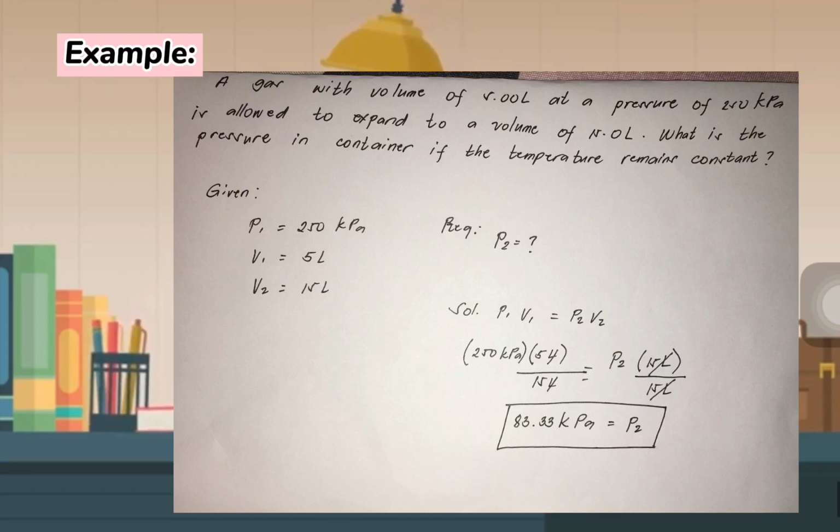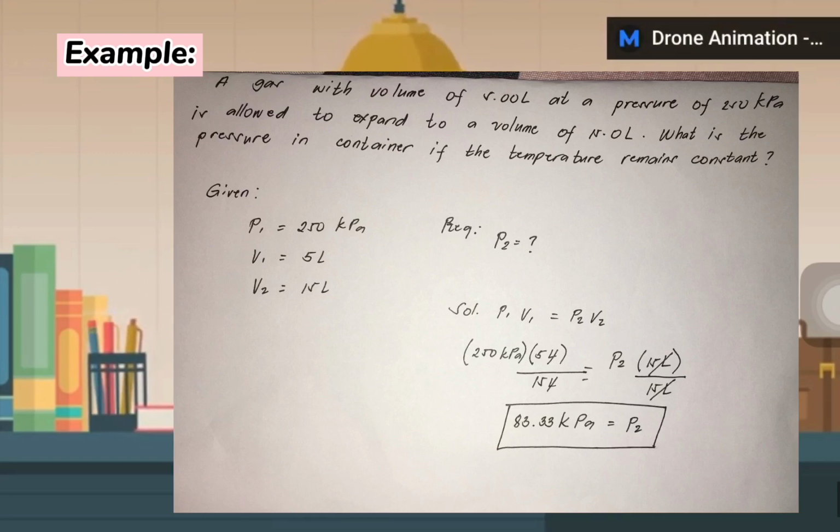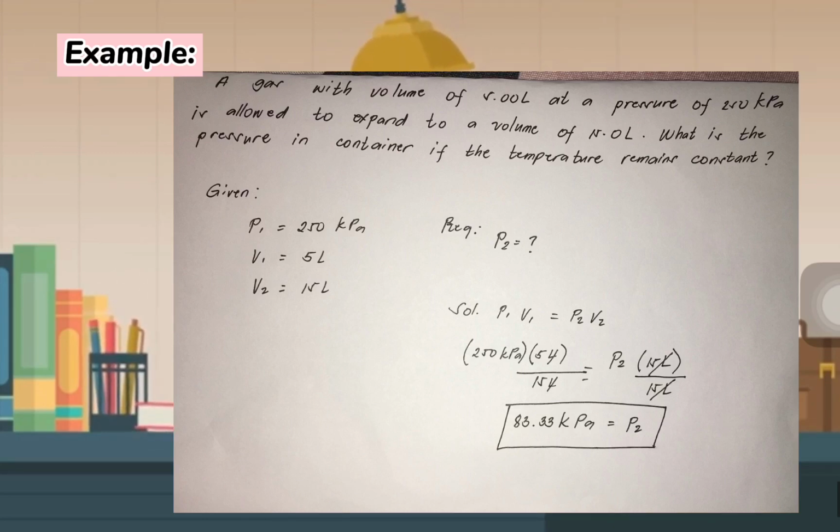So we will use our formula, P1 times V1 equals P2 times V2. Then substitute the following values, 250 kPa times 5 liters equals P2 times 15 liters. To do the cancellation process, we have to divide both sides by 15 liters. So cancel, the remaining is P2.